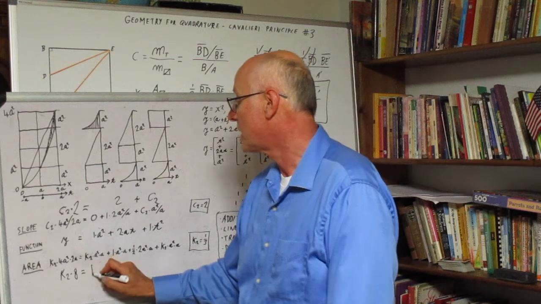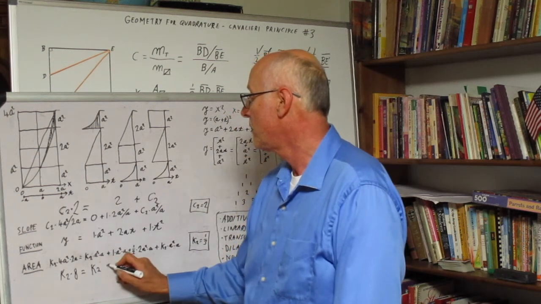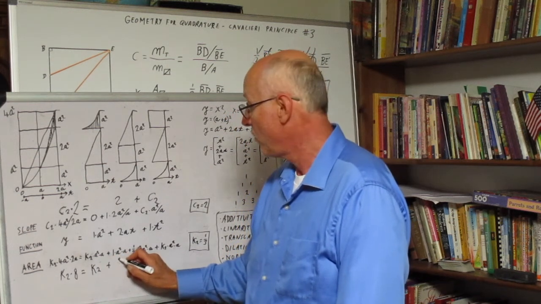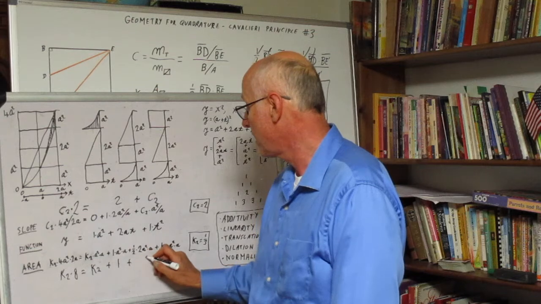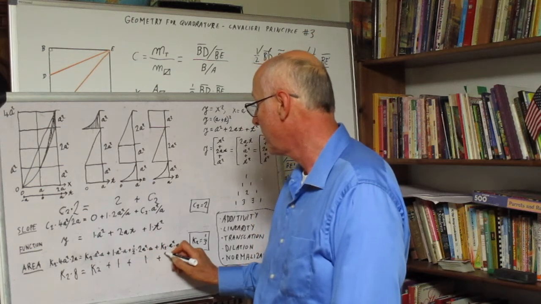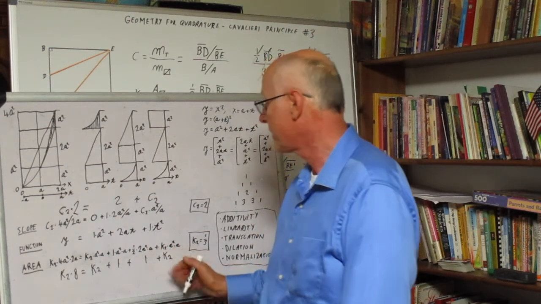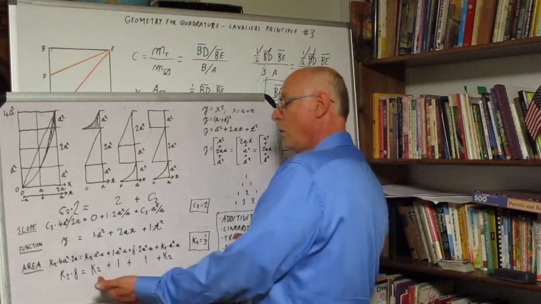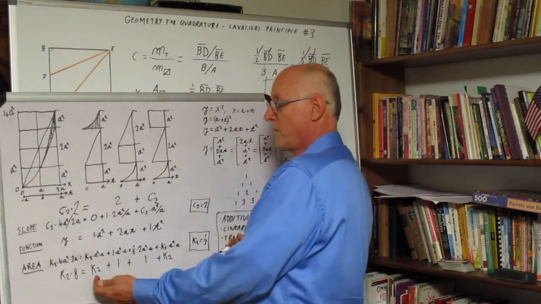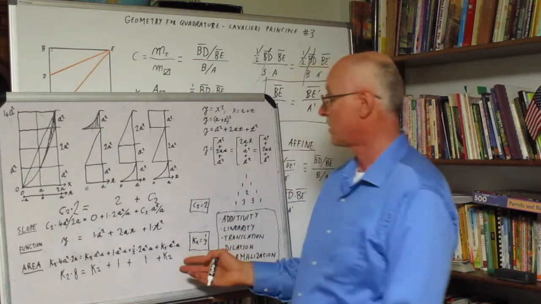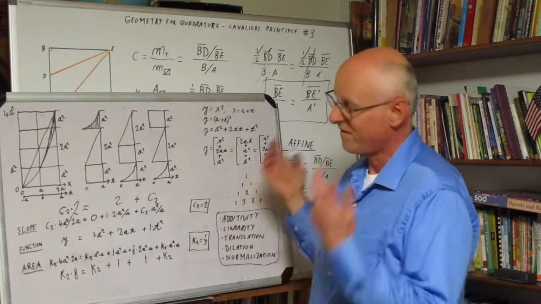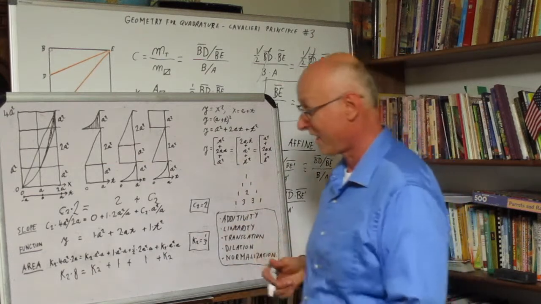That equals K2 plus 1 plus 1 plus K2. Okay. So here we have one equation, one unknown. You solve it. K2 is 1/3. Very easy. That was a piece of cake.